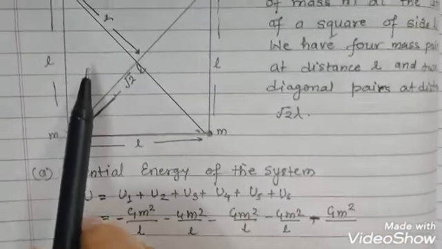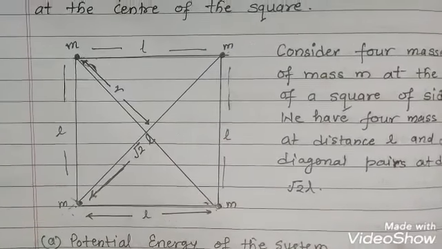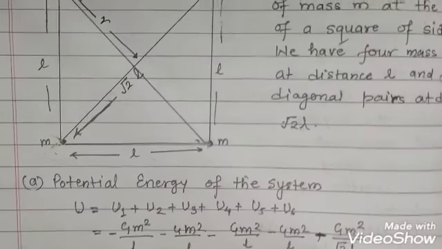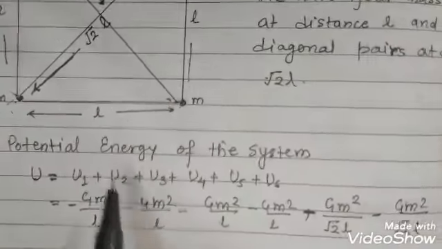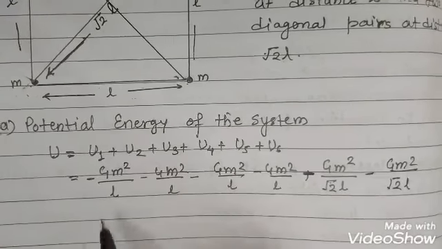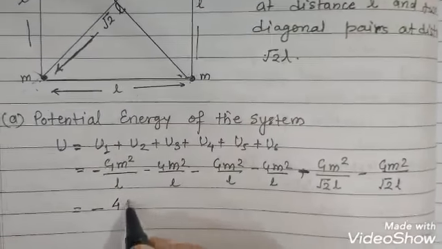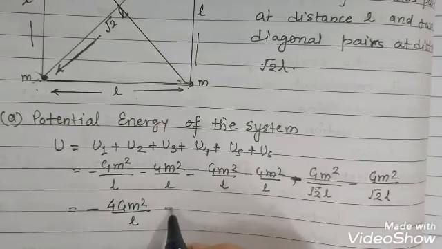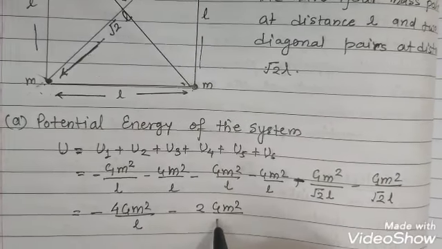You will find this distance is equal to root 2 L. The sixth one is also minus G m square upon root 2 L. We can add up these 4 easily and these 2 easily. That is minus 4 times G m square upon L, and minus 2 G m square upon root 2 L.